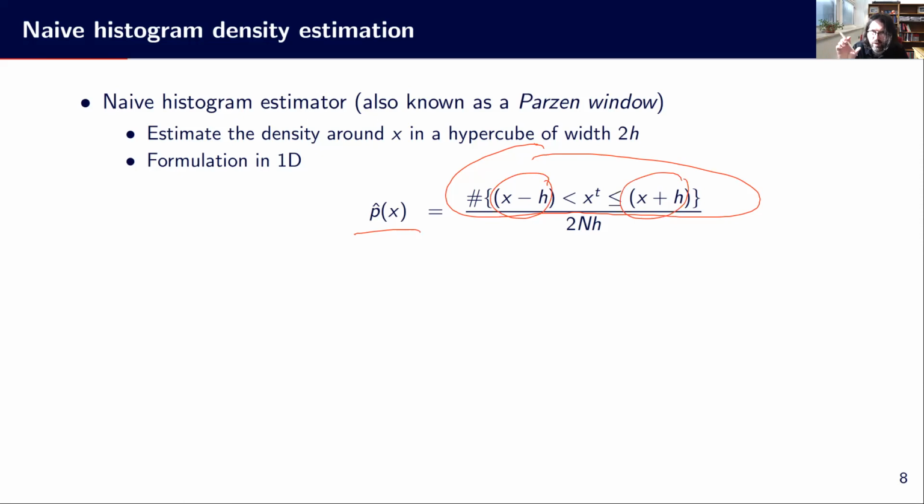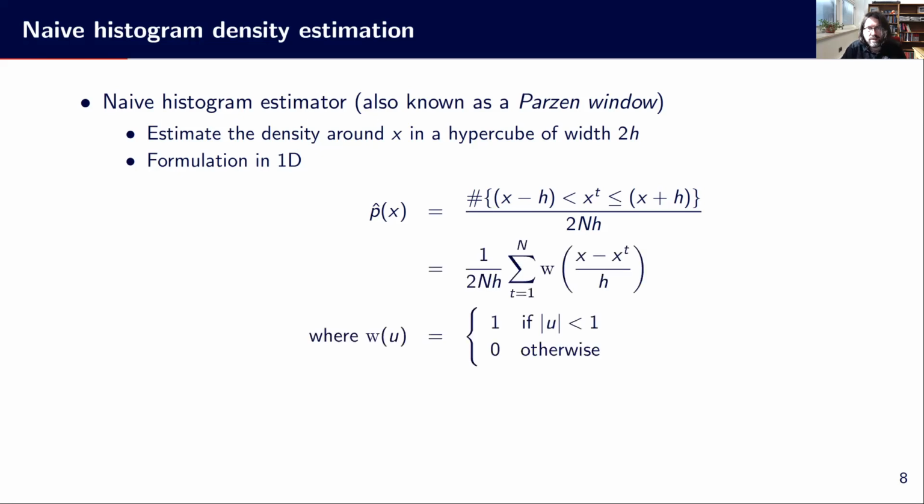So we are looking at the plus and minus h range around the x that we care about, and we are counting the number of samples in our data set that are located there. And we are dividing this by 2nh because we have a bin, in fact, centered on the x that has a width of 2h, and we also have big N samples as the total number of samples that we have in our data set. This is also formulated as this equation here.